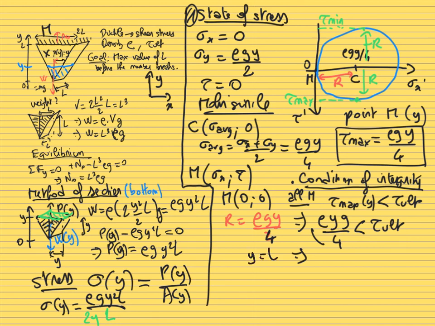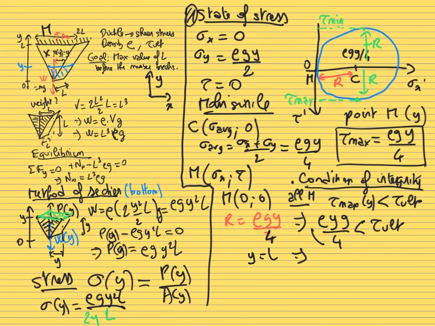So if we want that at any point throughout the beam the shear stress does not exceed the ultimate shear stress, the only thing that needs to be true is that at the point at which the shear stress is the maximum, the shear stress is smaller than the ultimate shear stress.